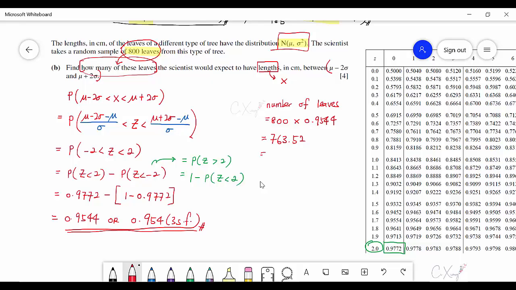You can round it off to 763 leaf, or some of you might round it up to 764 leaf. Both are correct and both are accepted in the marking scheme. So you can write either 763 or 764. All right, so this is what we have for question number 5.